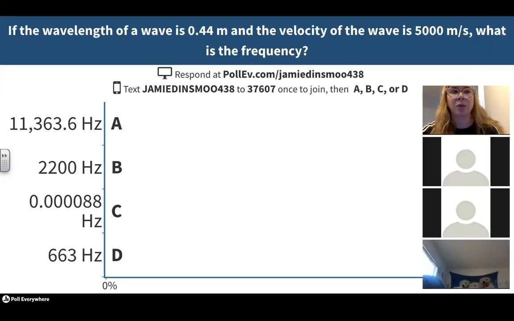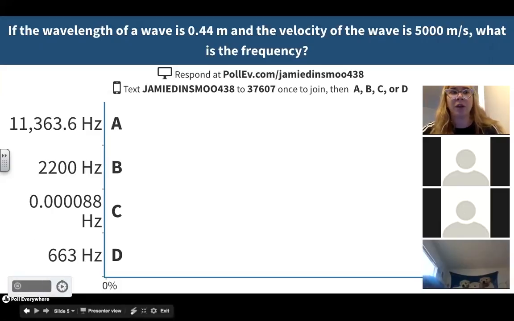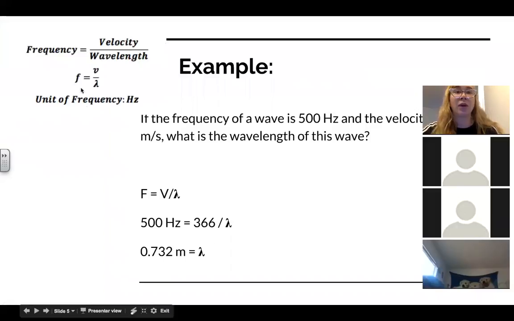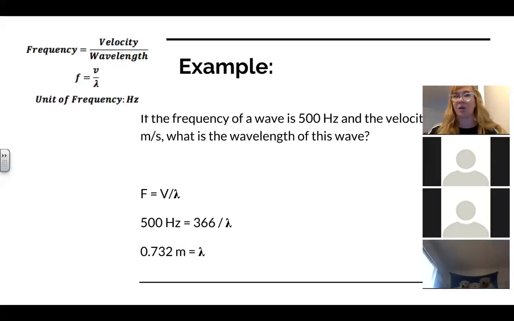So we'll go back for a second just so people can see the formula. Take a second to quickly write down the formula: the frequency is equal to velocity divided by wavelength.